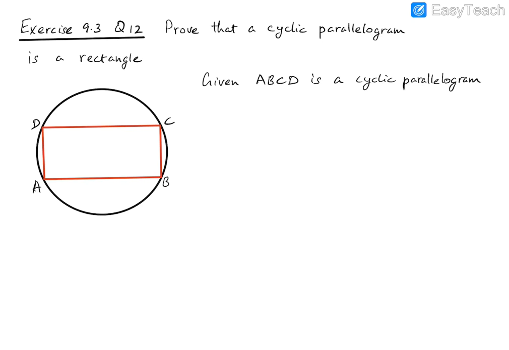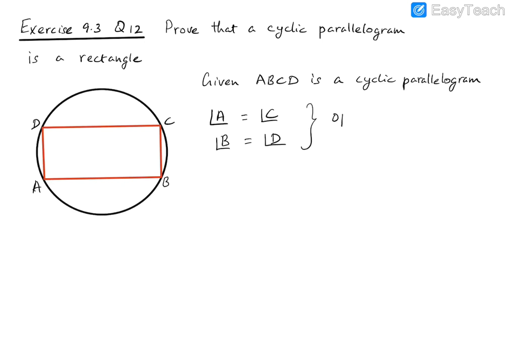So we know from the property of parallelogram that the opposite angles in a parallelogram are equal. Since we are given that ABCD is a parallelogram, opposite angles must be equal. That means angle A must be equal to angle C, and similarly angle B must be equal to angle D.